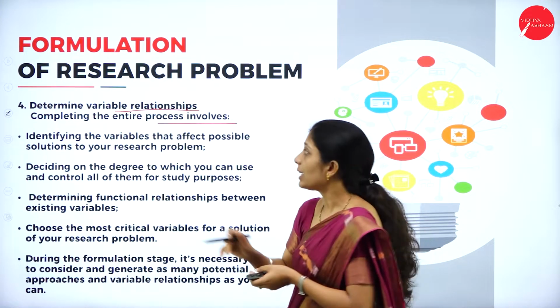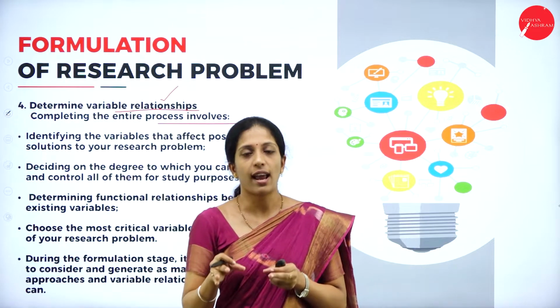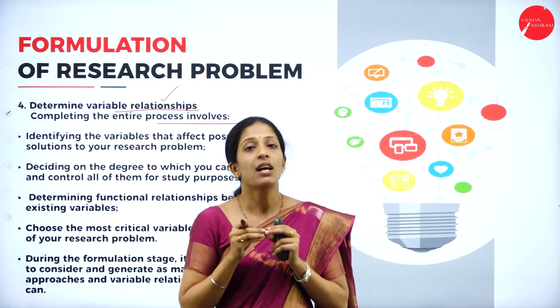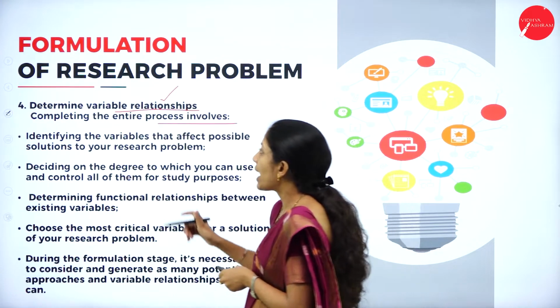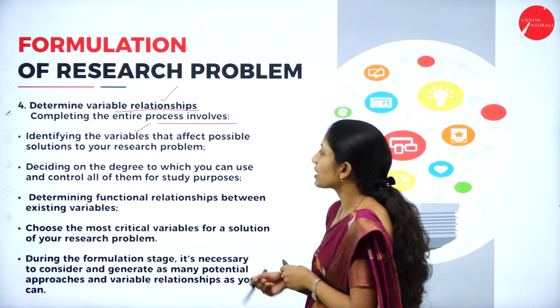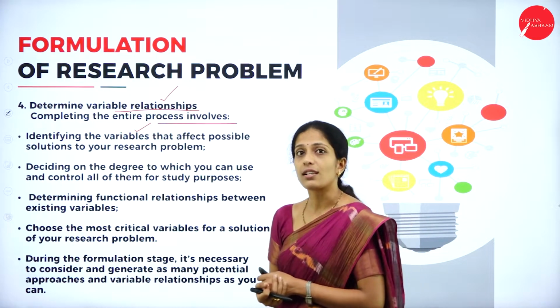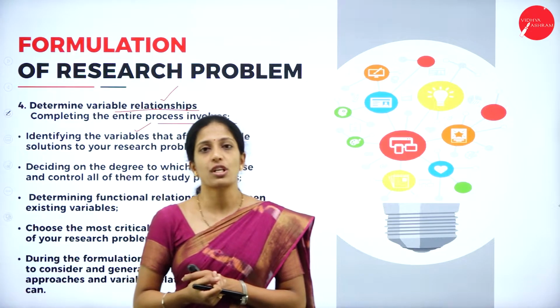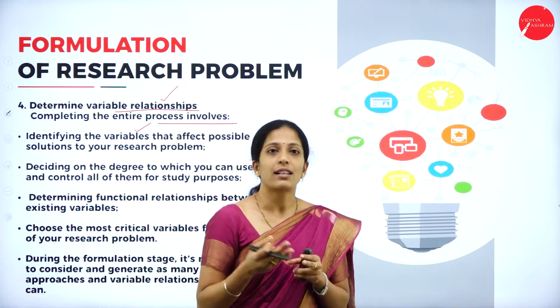Determine variable relationship. What are the variable relationships each and every problem has? That is, identifying the variables that affect the possible solutions to your research problem. I have told you certain variables or solutions that the researcher gets will fetch you the direct answers, whereas others will not.